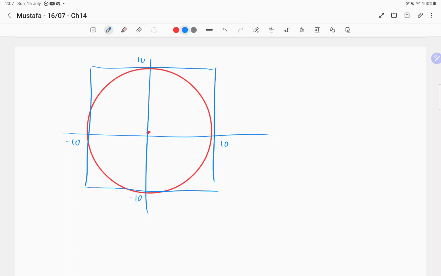Basically what they're saying is the ratio of the area of the circle divided by the area of the square equals, actually the other way around. So the area of the square divided by the area of the circle would roughly be pi.